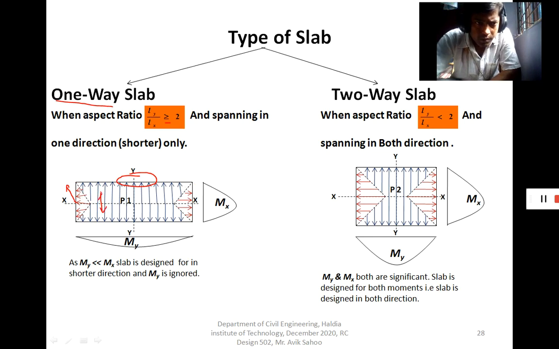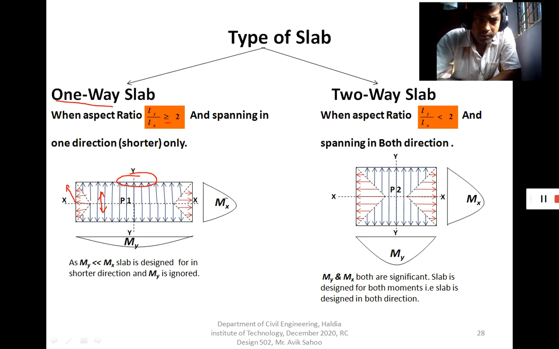You know that the slab is a two-dimensional element, so two moments are developed. Two flexural moments are developed. One is the shorter span moment, another is the longer span moment.